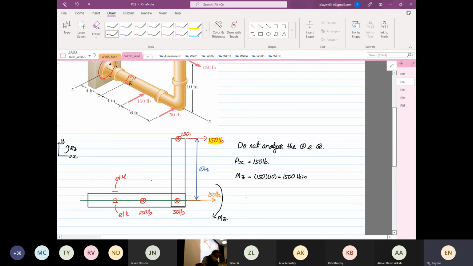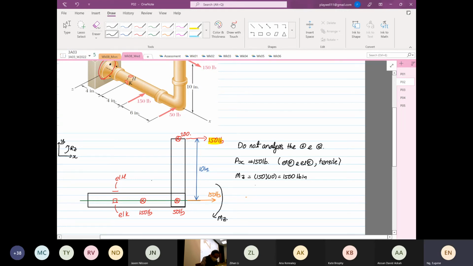So from here, we can write this down. Let's look at Px. Px is going to be positive, so you can write over here that element H and element K are going to be tensile.